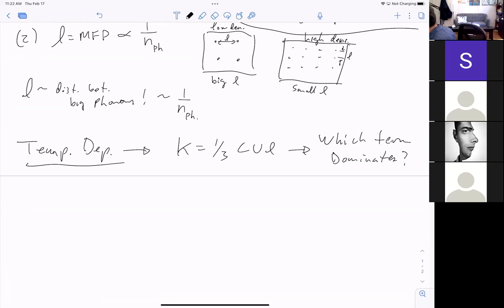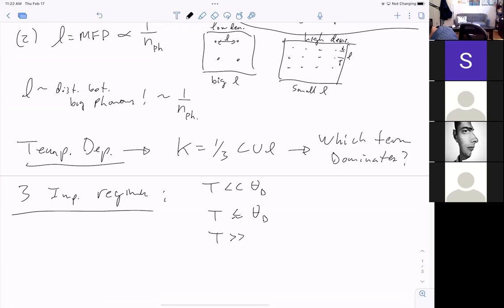And so there's 3 important regimes. And those regimes are the temperature much less than the theta Debye, temperature on the order of the theta Debye, or maybe a little less, and then temperature much bigger than the theta Debye.